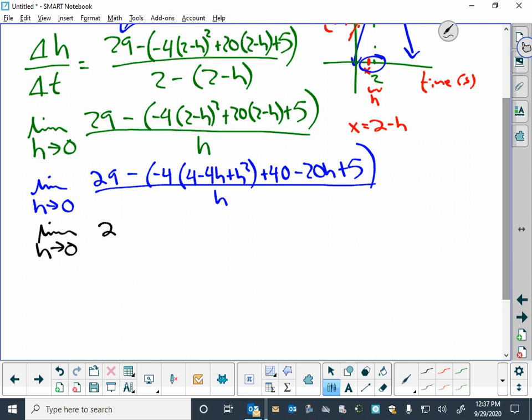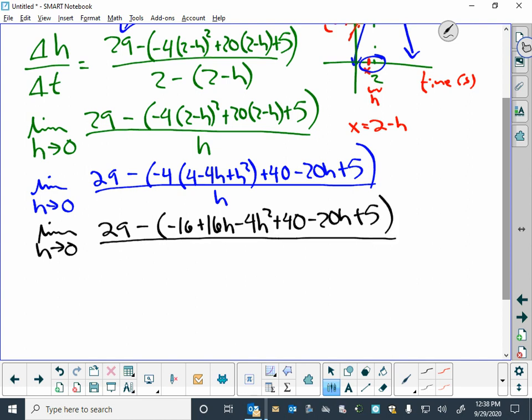So I'm going to keep going. 29 minus, and now this is going to be a negative 16 plus 16h minus 4h squared plus 40 minus 20h plus 5 all over h.